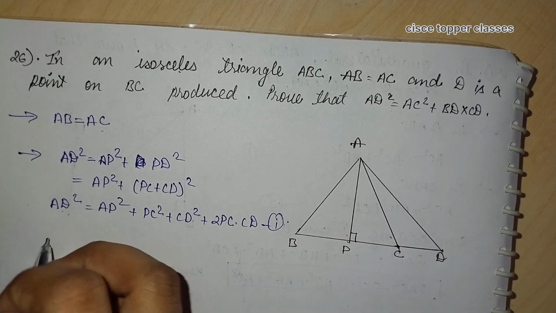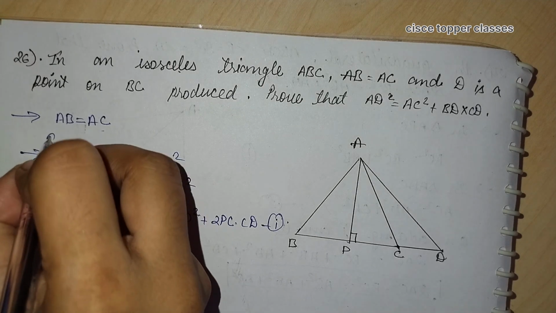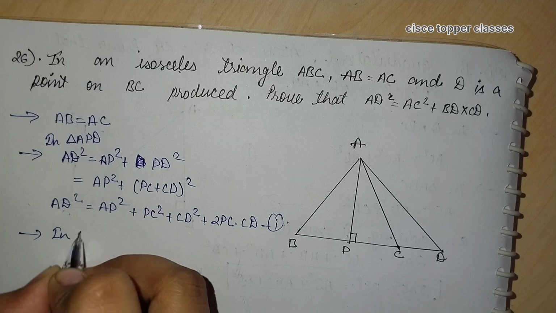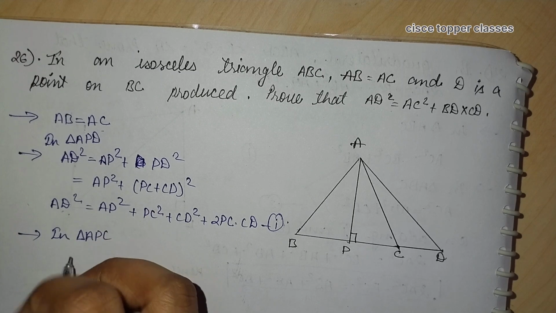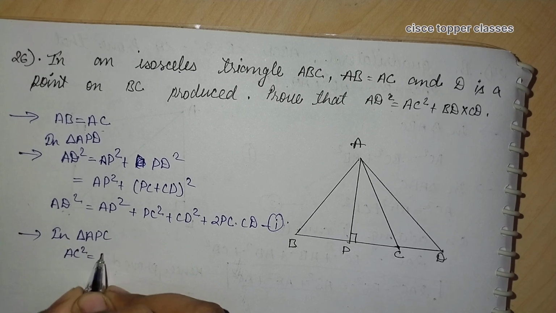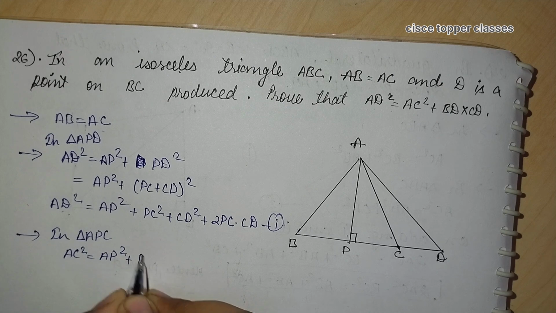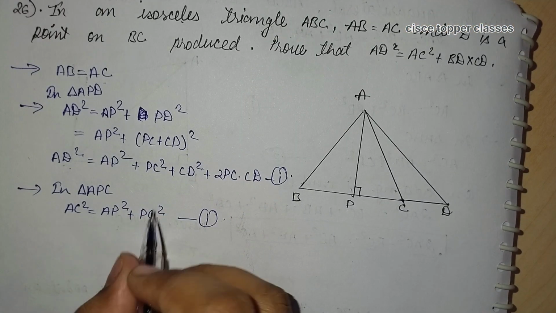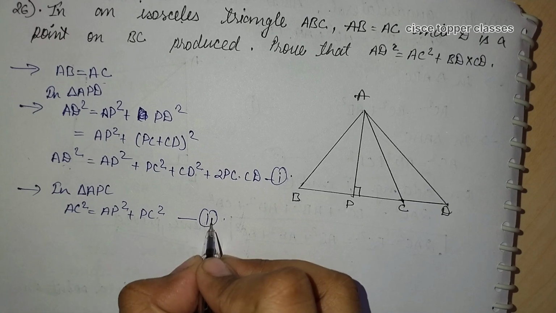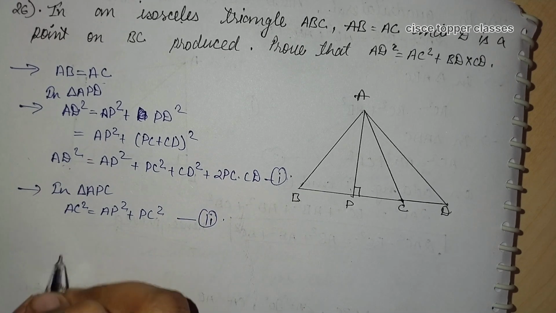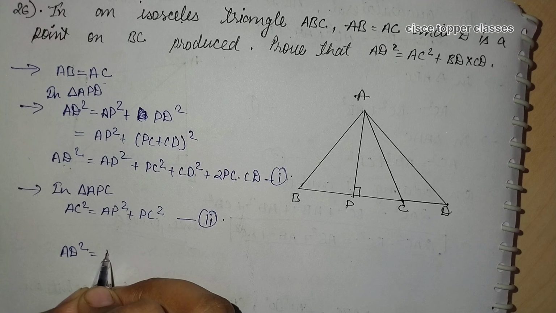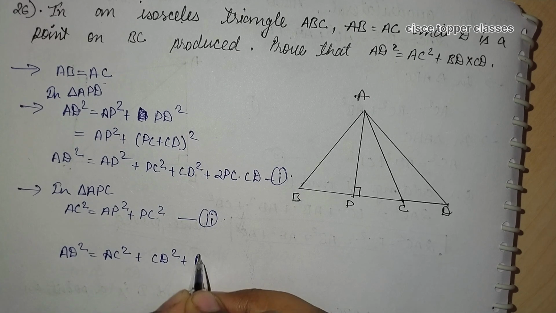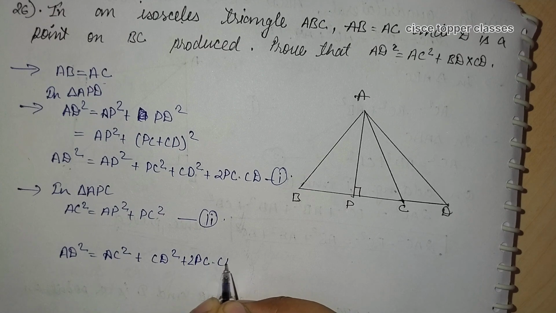As APC is also a right angle triangle, in right angle triangle APC we can simply write AC square is equal to AP square plus PC square. Now we will substitute this second equation in the first equation. On substituting we will get AD square is equal to AC square plus CD square plus 2PC into CD.